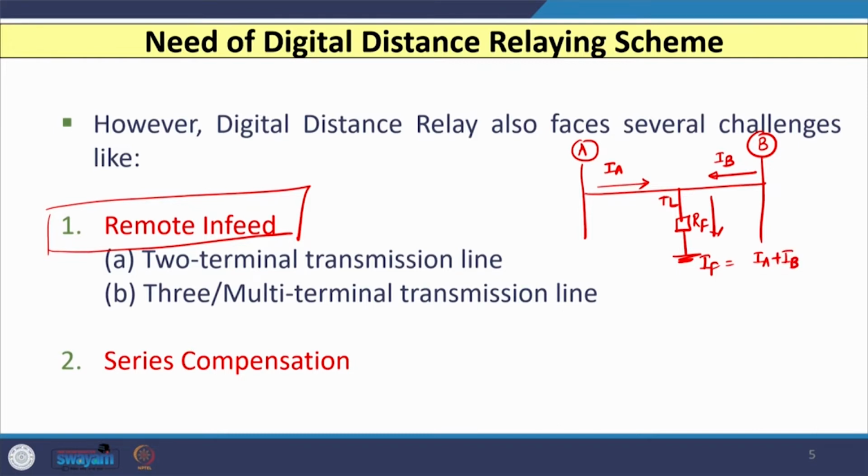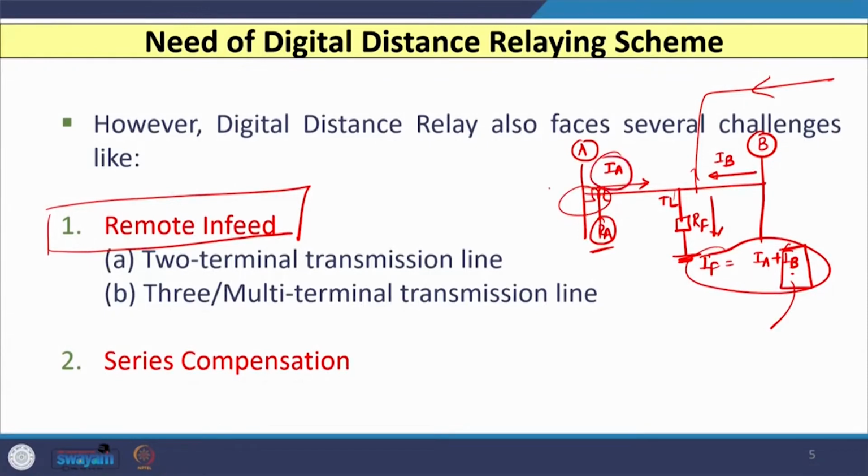The current present in the fault current that comes from the remote end is known as remote in-feed. If I have another line connected here, then another current will also be there. This current IB is not measured by the relay located at substation A. Substation A, if I install the distance relay, can measure or use only the local current and local voltages.